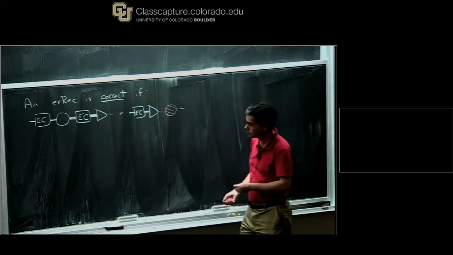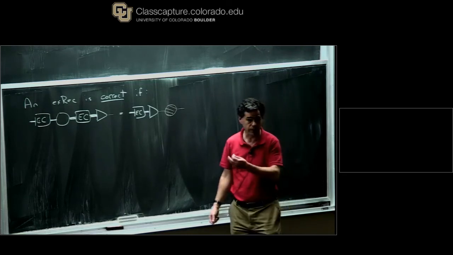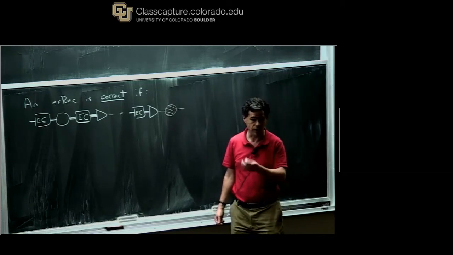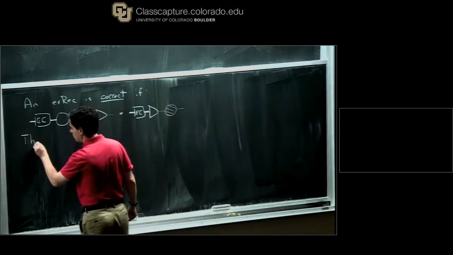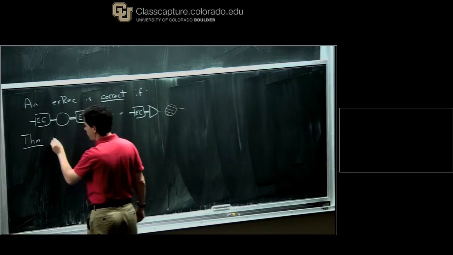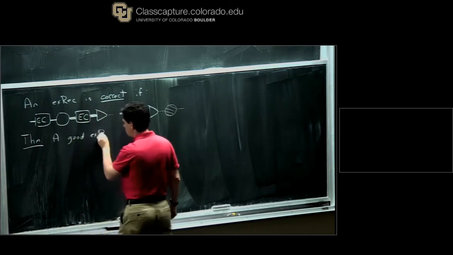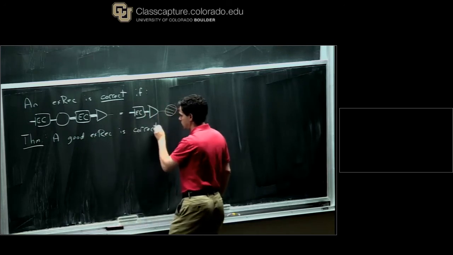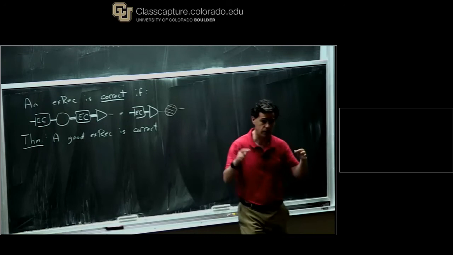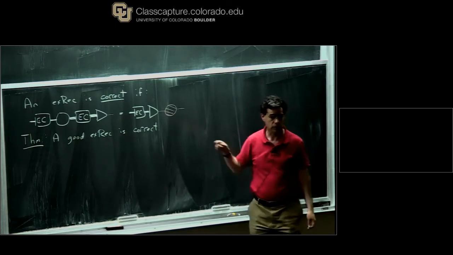And so hopefully the arguments that I've made so far have primed you to believe this theorem statement. A good XREC is correct. Right? So I'm saying that if you have an extended rectangle that has less than or equal to t faults in it, it behaves in this way.